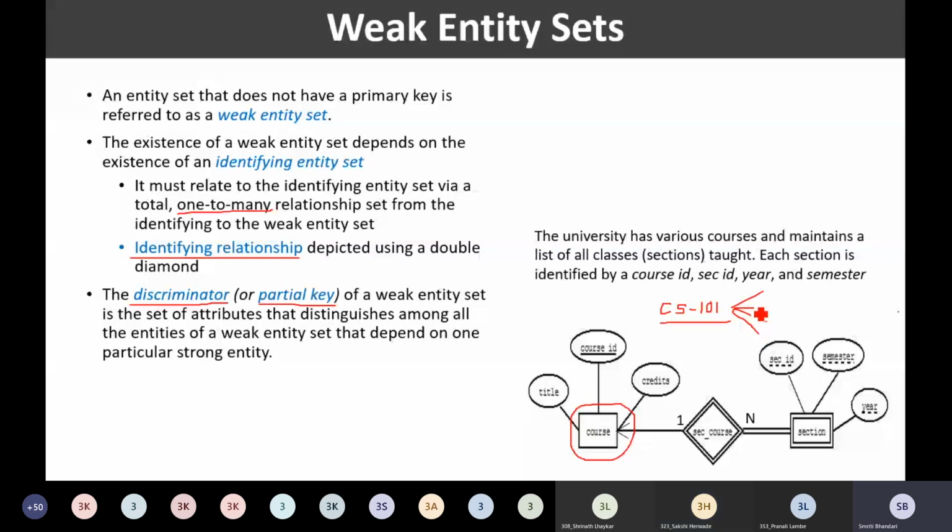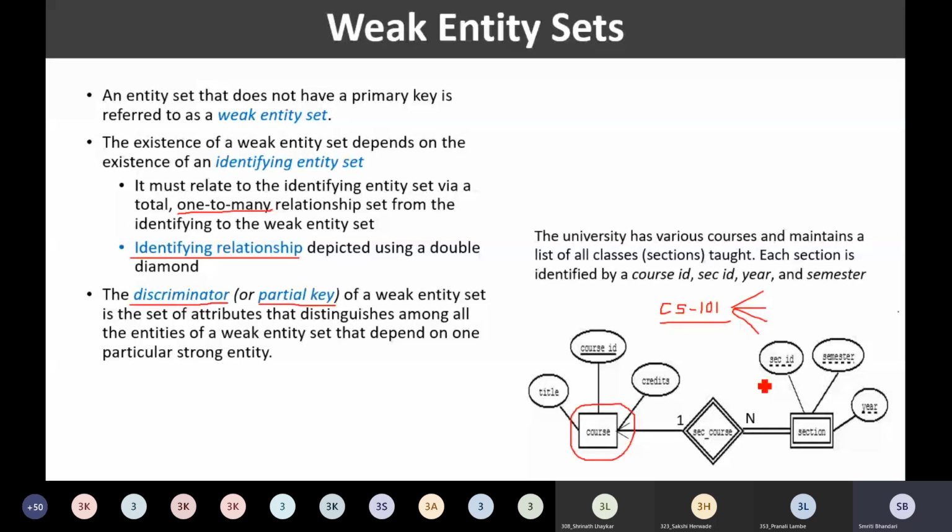Yes, correct. So if I have 4 entries in my weak entity set that depend on a particular strong entity set, say a particular course having 4 different entries in my weak entity set, then under that particular course I need to distinguish these 4 entries from one another.